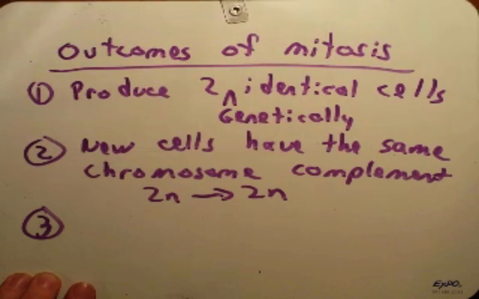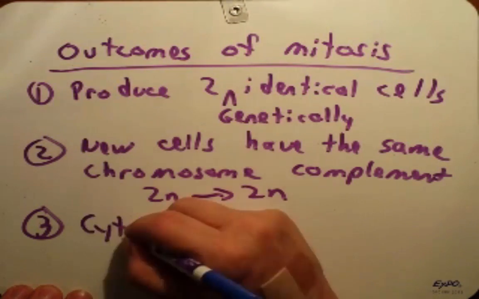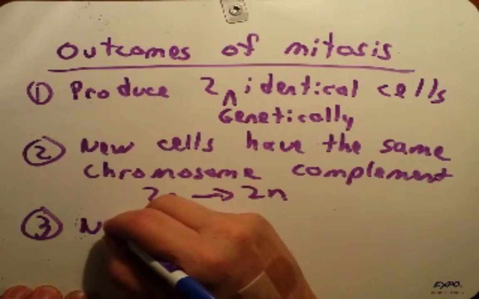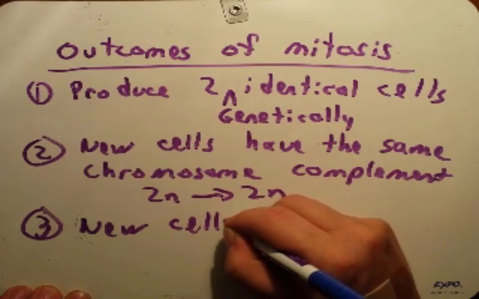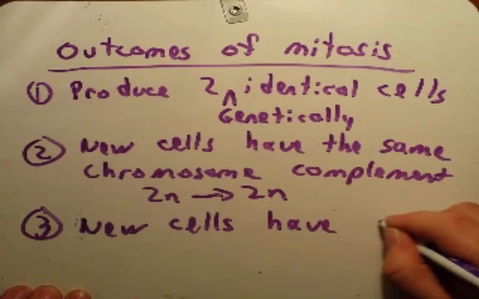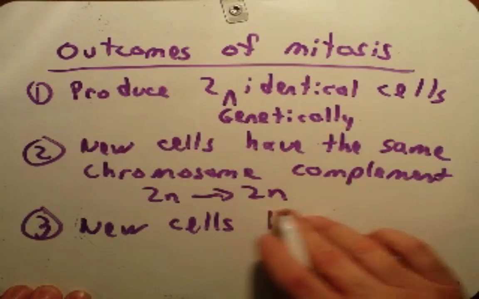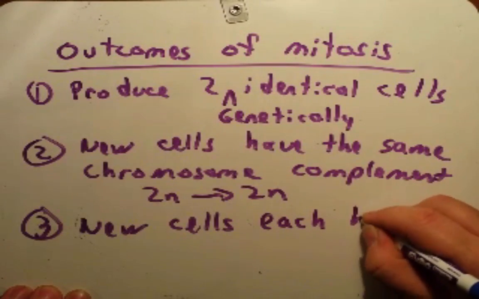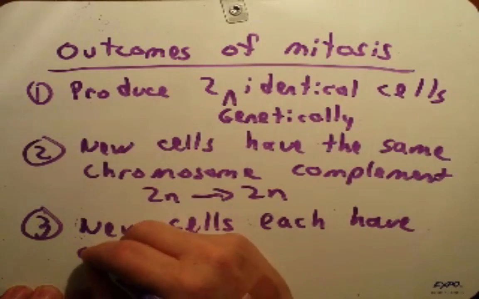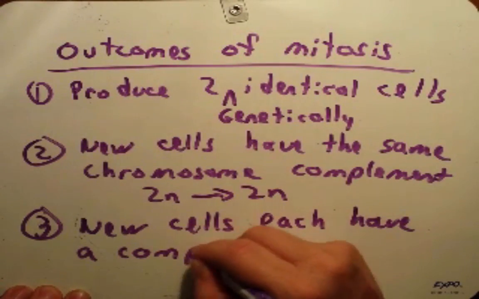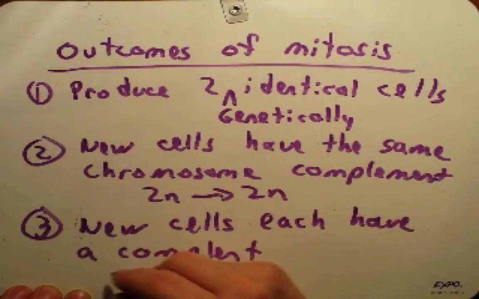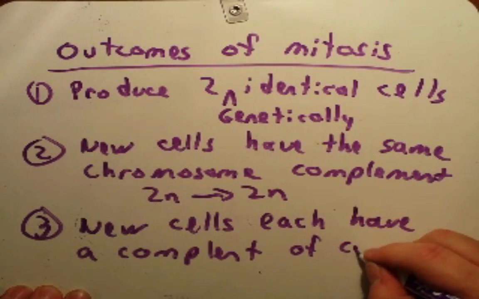It's also important to remember that as the cell's dividing, it's not all about the nucleus and the chromosomes. There's other things there that also need to make sure they make it into the next cell. So the new cells each have a complement of cytoplasm.